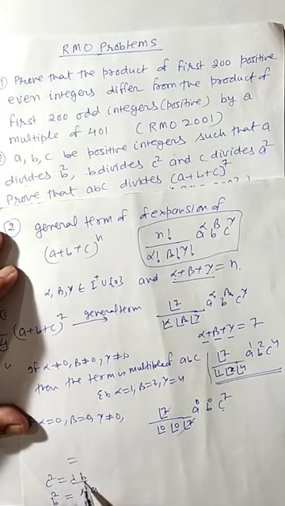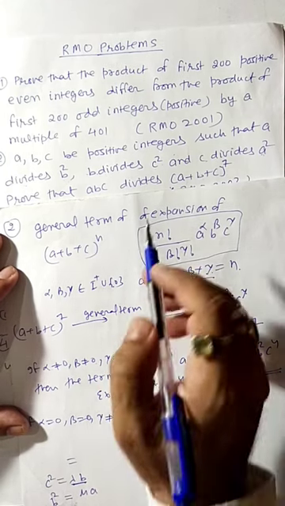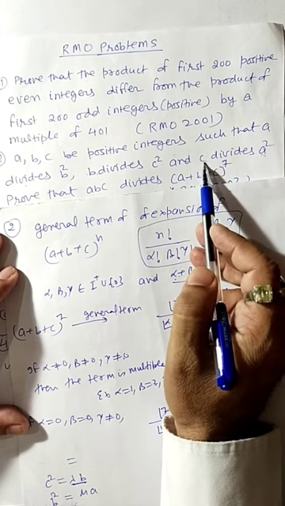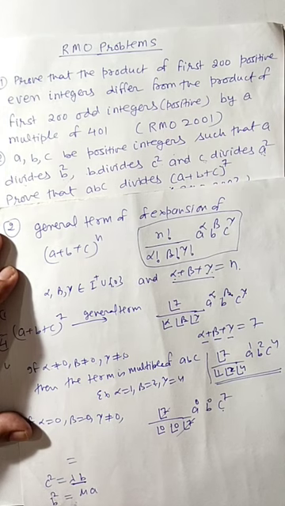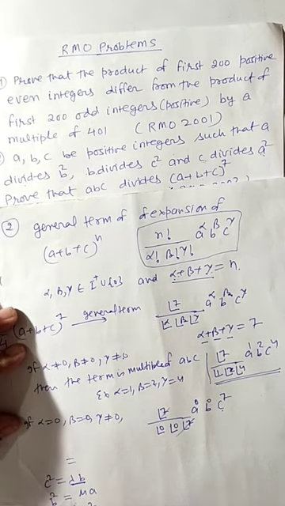Again from this step, b can be written as c square by lambda. One more thing, c divides a square, means k times c equals a square.